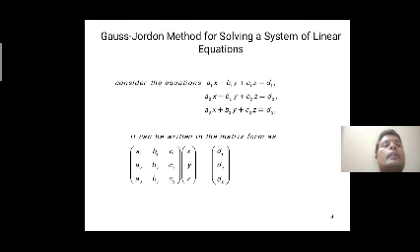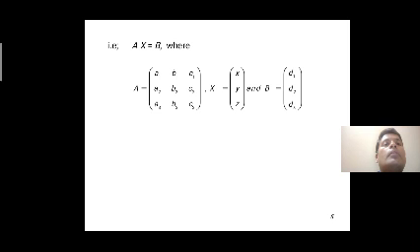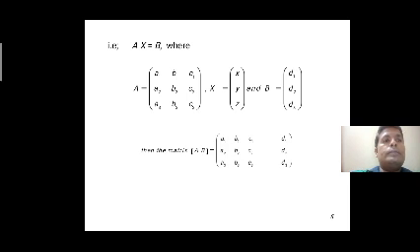It can be written in matrix form as [a1 b1 c1; a2 b2 c2; a3 b3 c3][x y z] = [d1 d2 d3]. That is AX = B, where A = [a1 b1 c1; a2 b2 c2; a3 b3 c3], X = [x y z] and B = [d1 d2 d3].